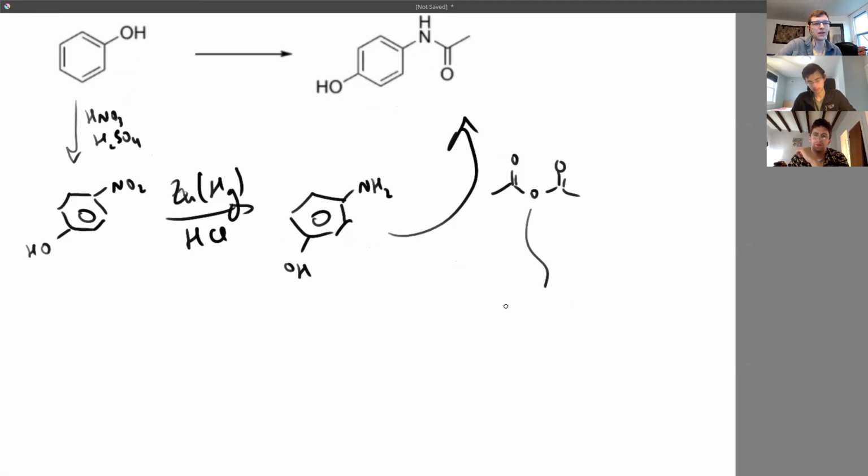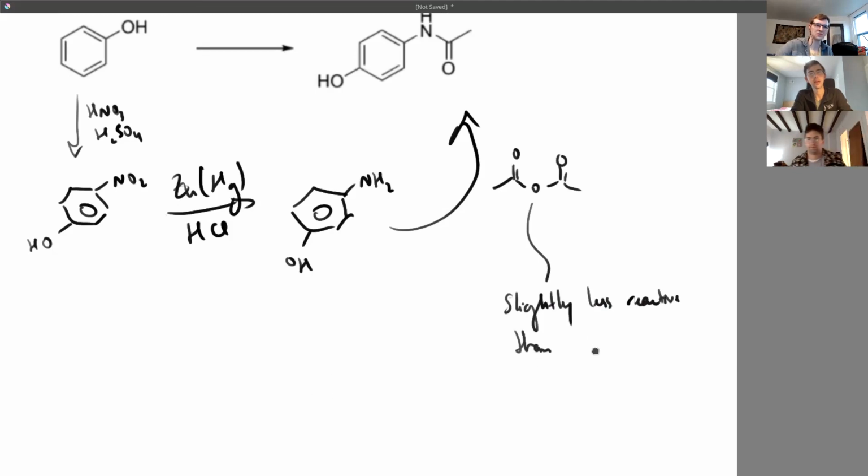To be extra careful, could we throw some TIPS chloride at it to protect that alcohol just in case? Because isn't it possible that it might react with? I guess it wouldn't react with the anhydride. What's the reagent to remove TIPS again? It's TBAF.